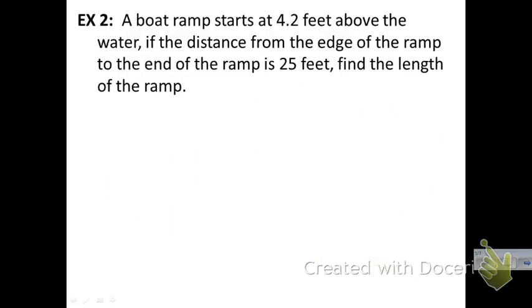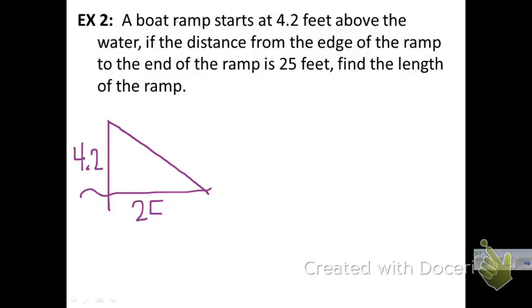Okay, example 2 says a boat ramp starts at 4.2 feet above the water. We got water, and this distance would be 4.2. If the distance from the edge of the ramp to the end of the ramp is 25 feet, find the length of the ramp.